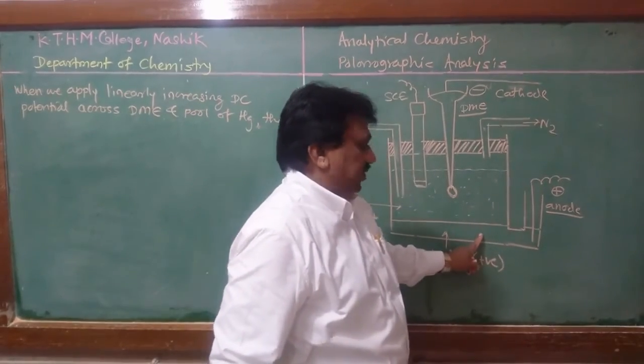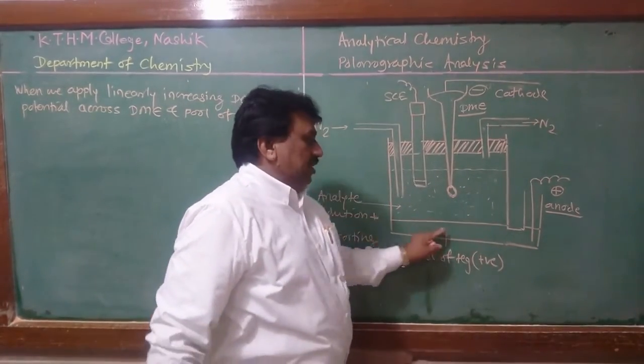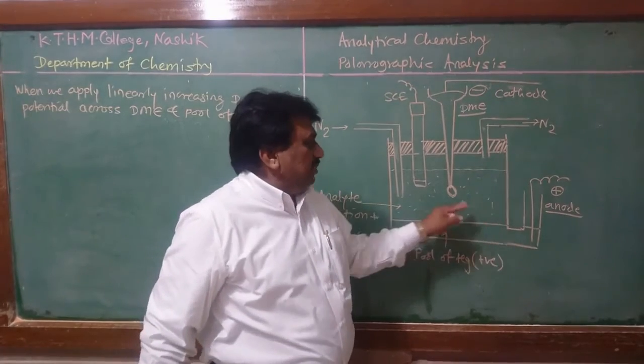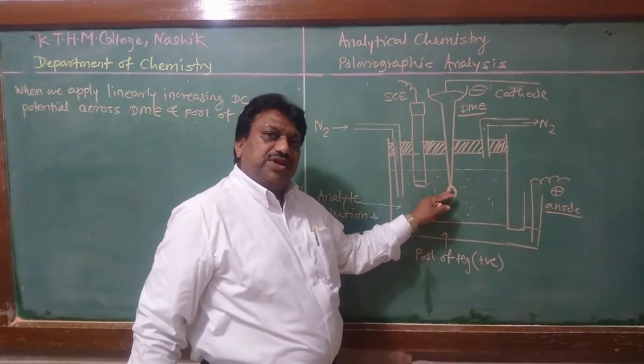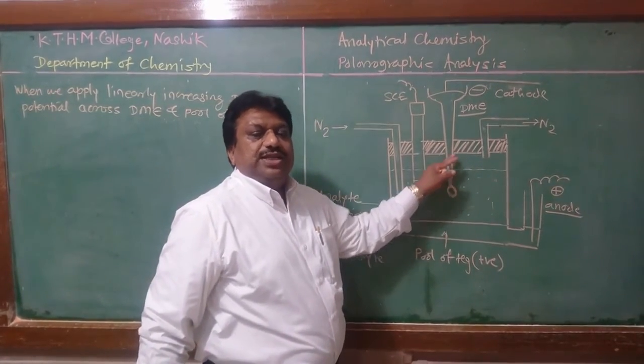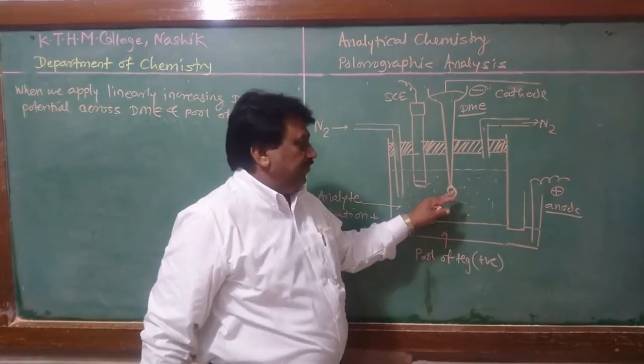Here the surface area of the pool of mercury is very high compared to the surface area of the mercury drop generated on the tip of the dropping mercury electrode.